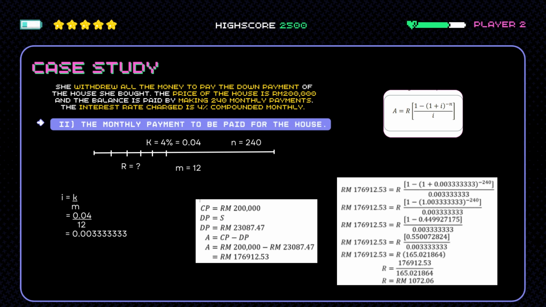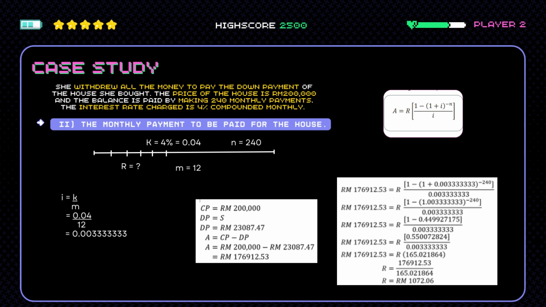we have to find R. From the question, we know that the down payment is equal to S, the future value. The cash price for the house is 200,000 and the down payment is RM23,087.47. In order to find R, we have to find A. A is equal to cash price minus down payment.